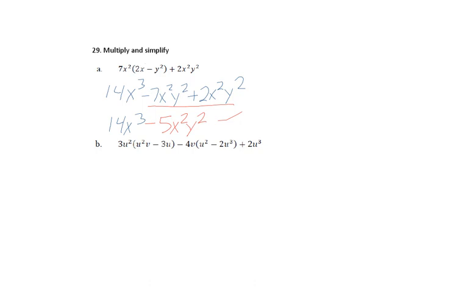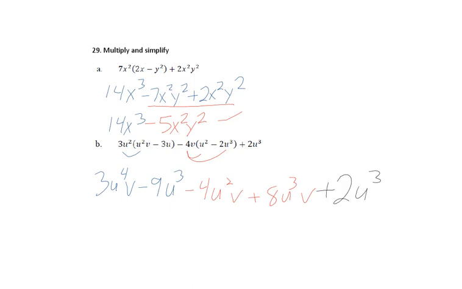Alright, the next one. You're going to get 3u^4v minus 9u^3. Afterwards, you're going to get negative 4u^2v plus 8u^3v. And then plus 2u^3 is the end.